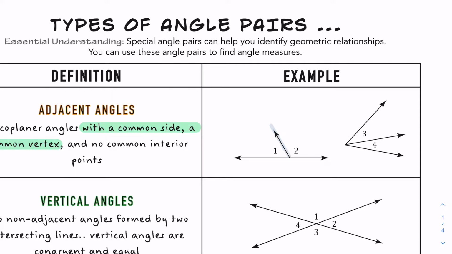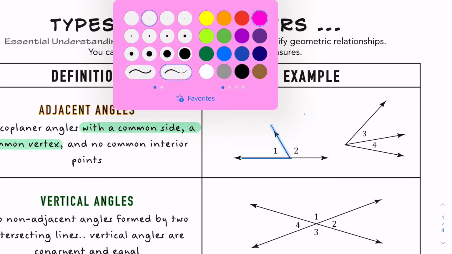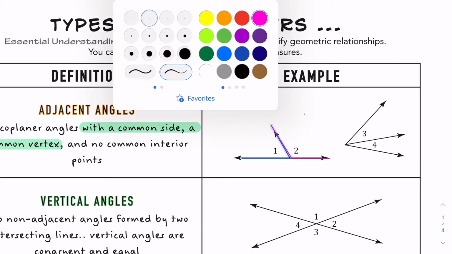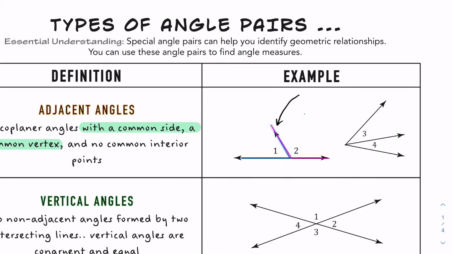Both of these angles, I'm going to trace over one of them with blue and the other one with pink. These angles share this side. They also have a common vertex.